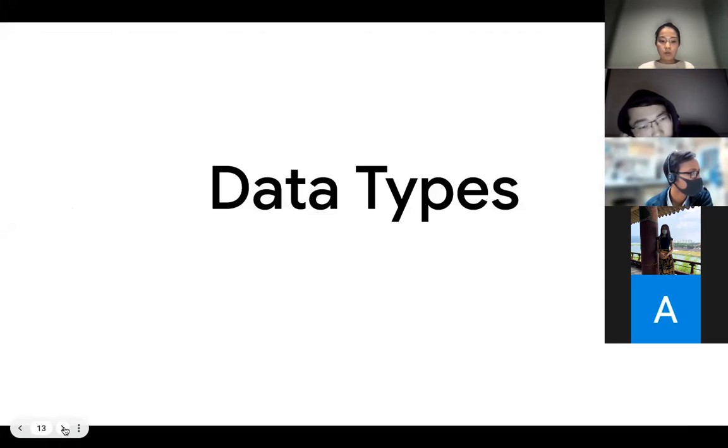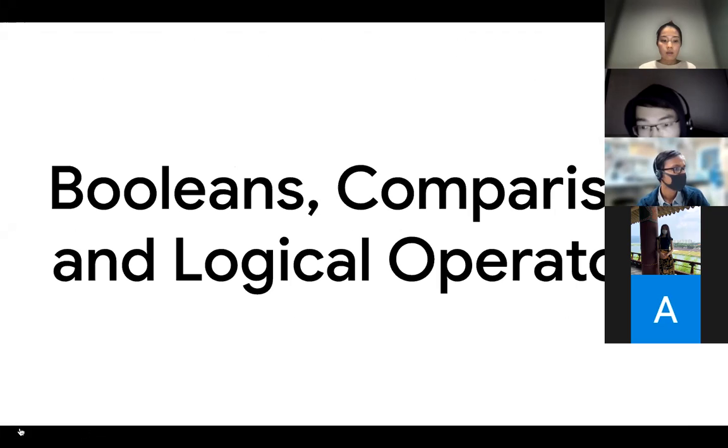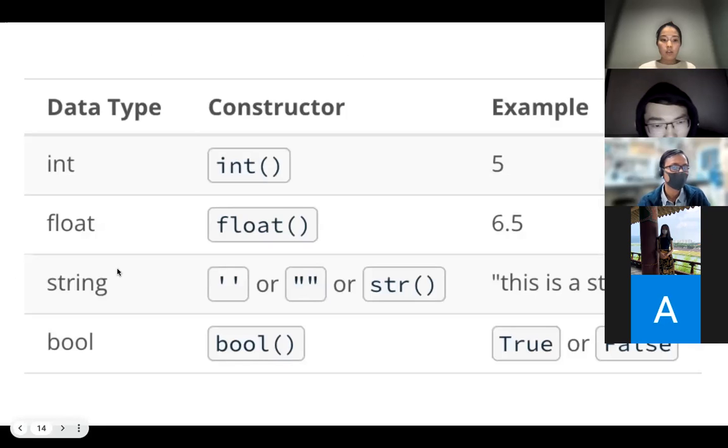Okay, let's go to the data types. But later today, you will have a chance to check code and do some exercises. So the basic data types are integers, floats, string, and boolean.